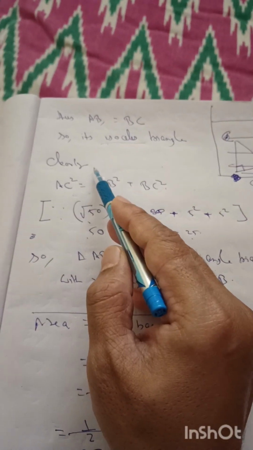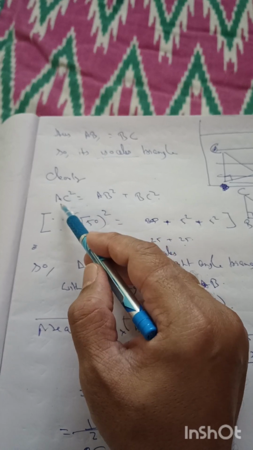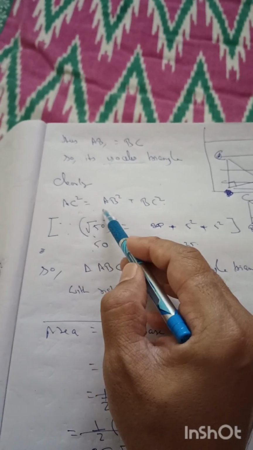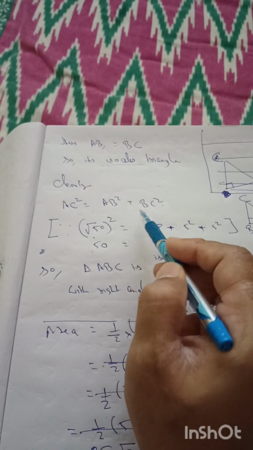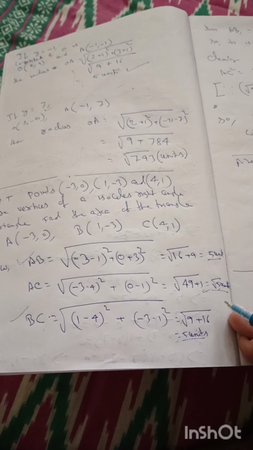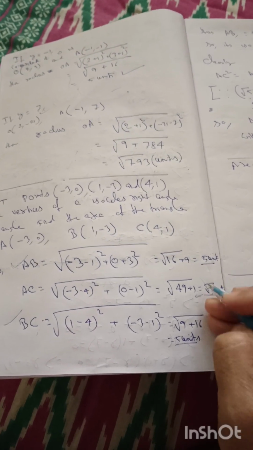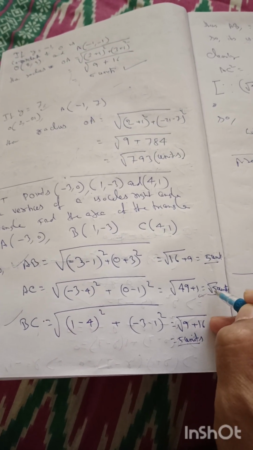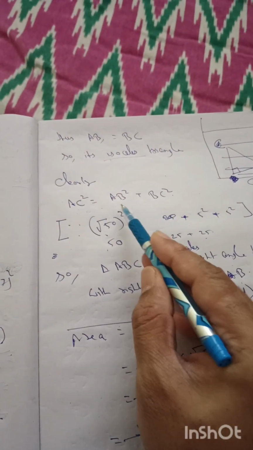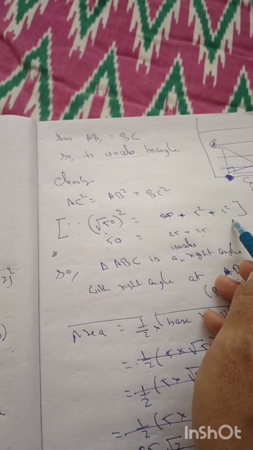Now we can easily see that AC square equals AB square plus BC square. See here, AC square, what is AC? Root over 50 whole square equals AB square plus BC square.